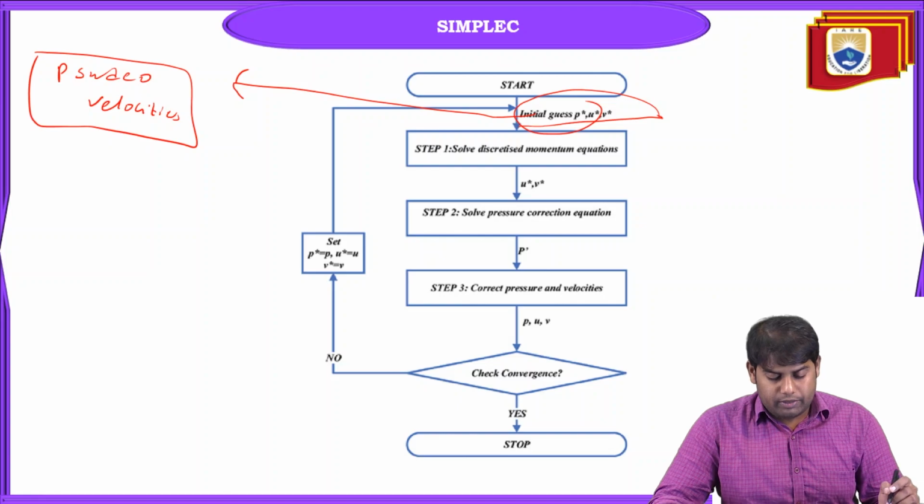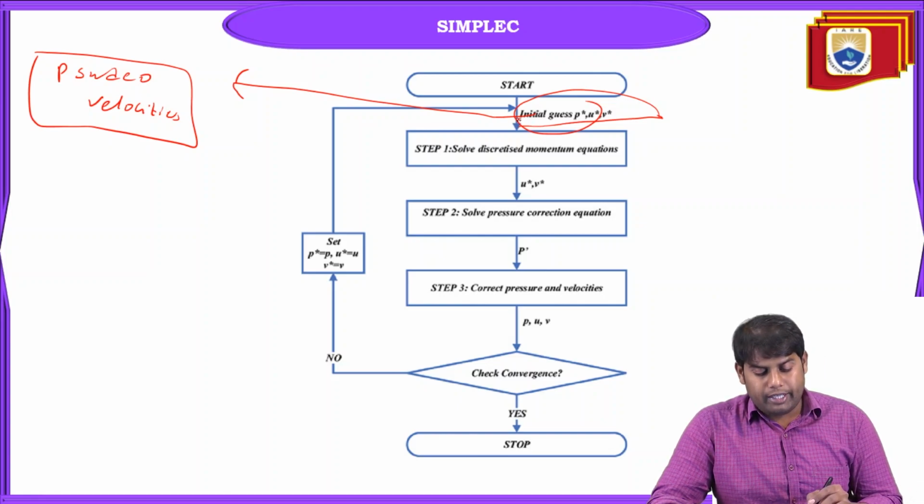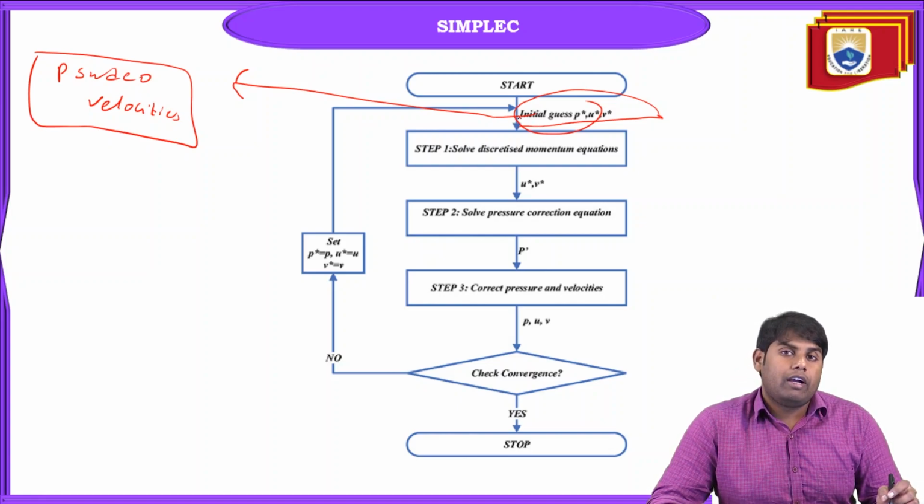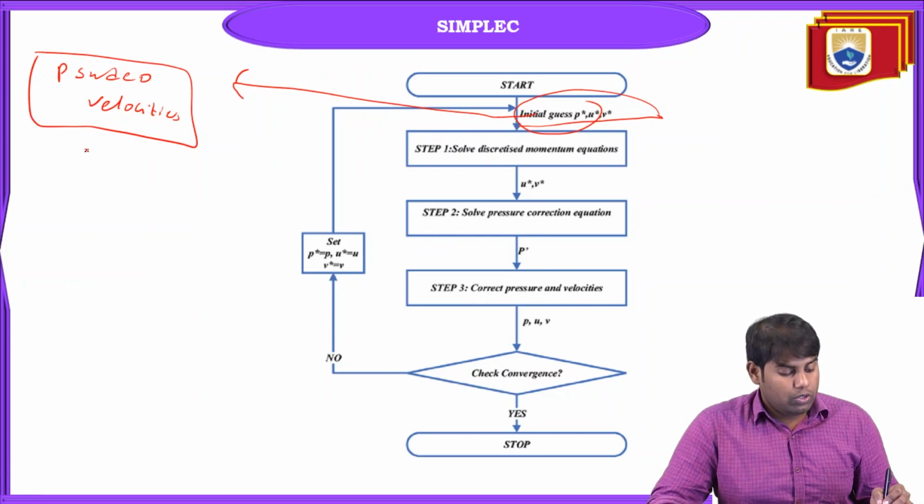What is the modification? When you get the guess values of pressure and velocity, in other techniques we directly substitute them in the discretized equation. But here we substitute them in the momentum equation to get what we call pseudo velocities.